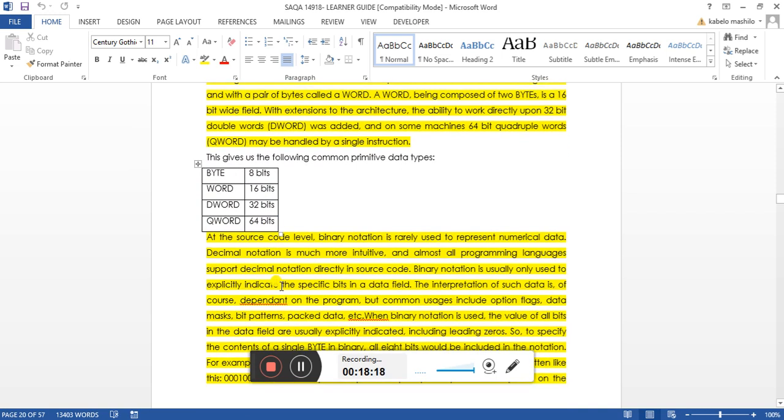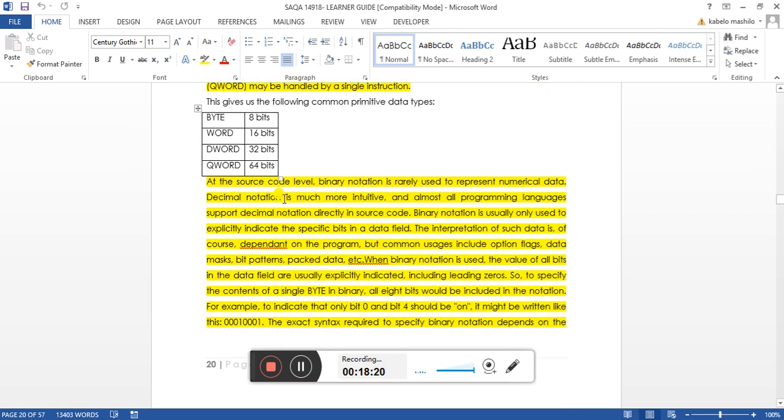At the source code level, binary notation is rarely used to represent numeric data. Decimal notation is much more intuitive, and almost all programming languages support decimal notation directly in source code. Binary notation is usually only used to explicitly indicate the specific bits in a data field.